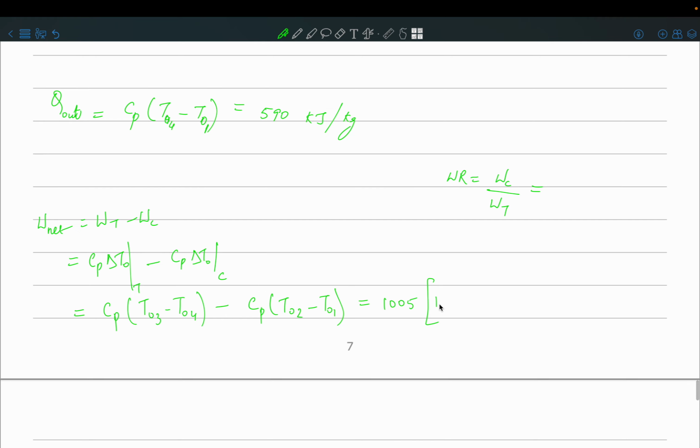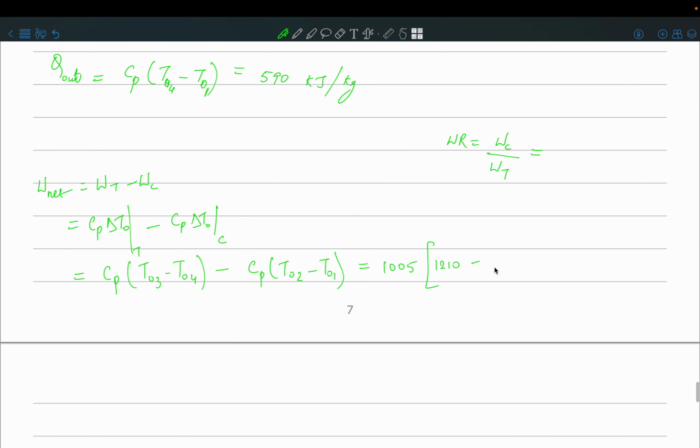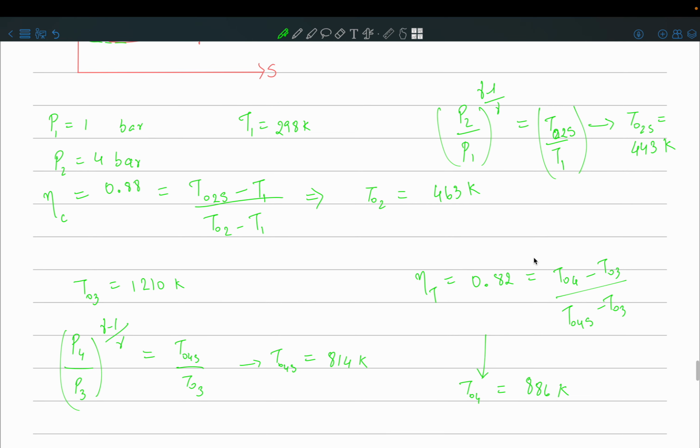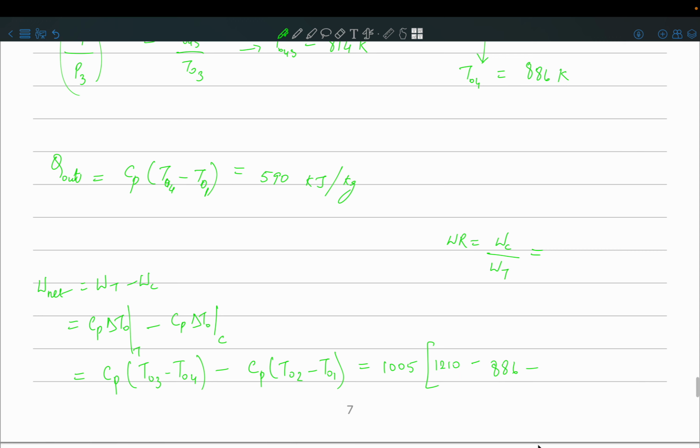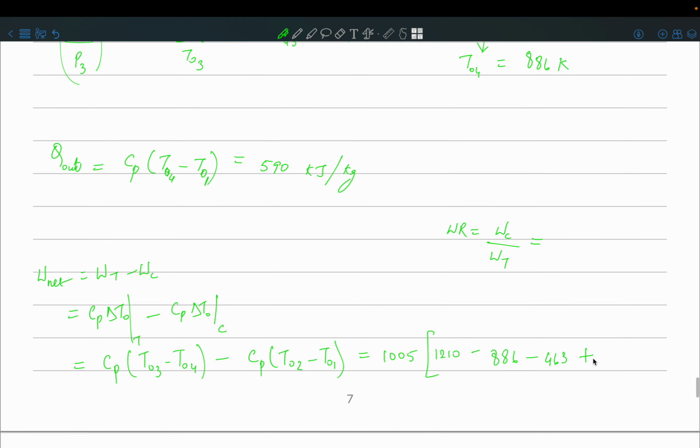So this is 1210 minus T04, which is 886, then minus T02, which is 463 Kelvin, and then minus becomes plus T01, and that is given to be 298.